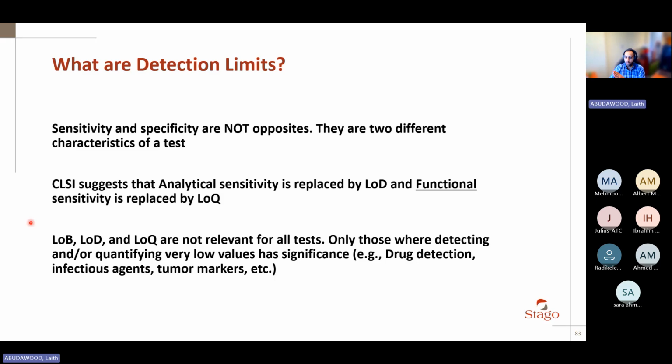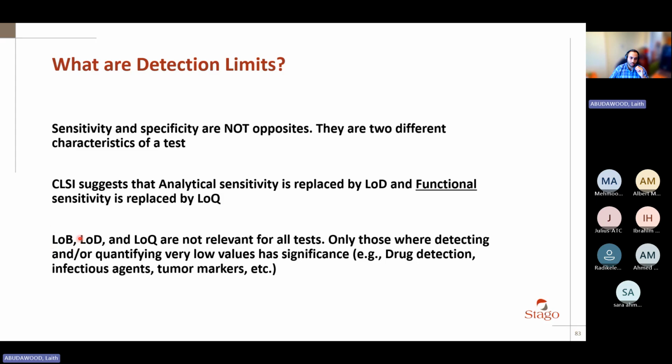In our kit inserts for tests reported in percent, nanogram per ml, or microgram per ml, you will have a limit of detection, and you do not have a limit of quantification for the max generation. We will have it for the ST hemo generation. So it is sometimes relevant to know LOD and LOQ for some parameters.